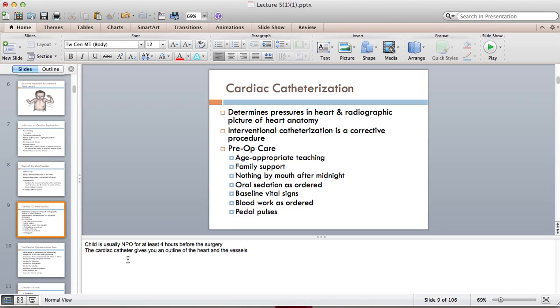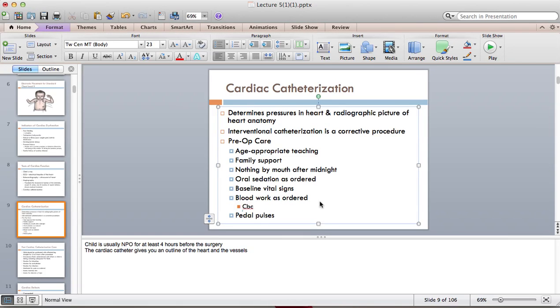Okay. So another important thing they need to do will be blood work. That blood work includes the complete blood count, including the prothrombin time. They need to do that because when they go in to do the procedure, they are making a hole in the femoral artery, and that's a very large vessel, and you can run a potential risk of injury post-operatively.